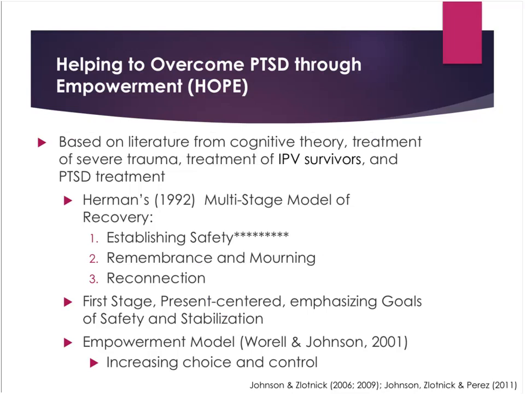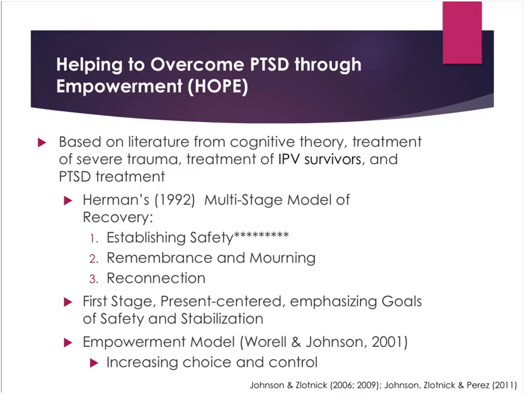Our starting point was the literature. We started with the literature on cognitive theory and treatment of severe trauma, treatment of IPV survivors, and treatment of PTSD. What we thought really fit best for this population was Herman's multi-stage model of recovery.